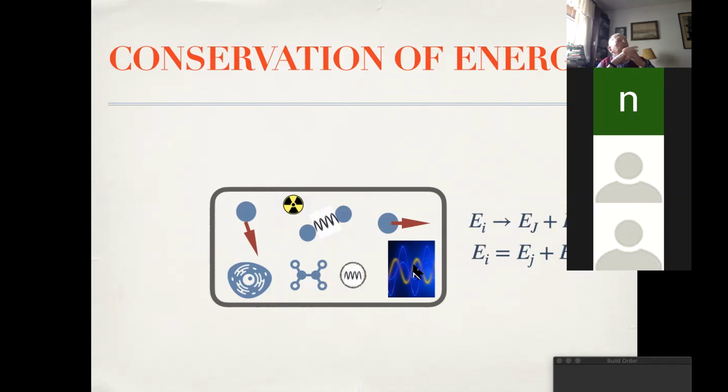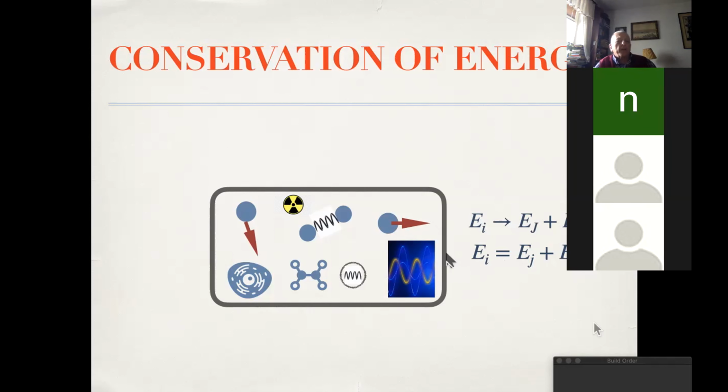But one property is that energy cannot be lost and cannot be created in that process. If I had my nucleus which disintegrates, it might produce an alpha particle or beta particle or gamma ray, but the energy is conserved. The total energy cannot be changed.